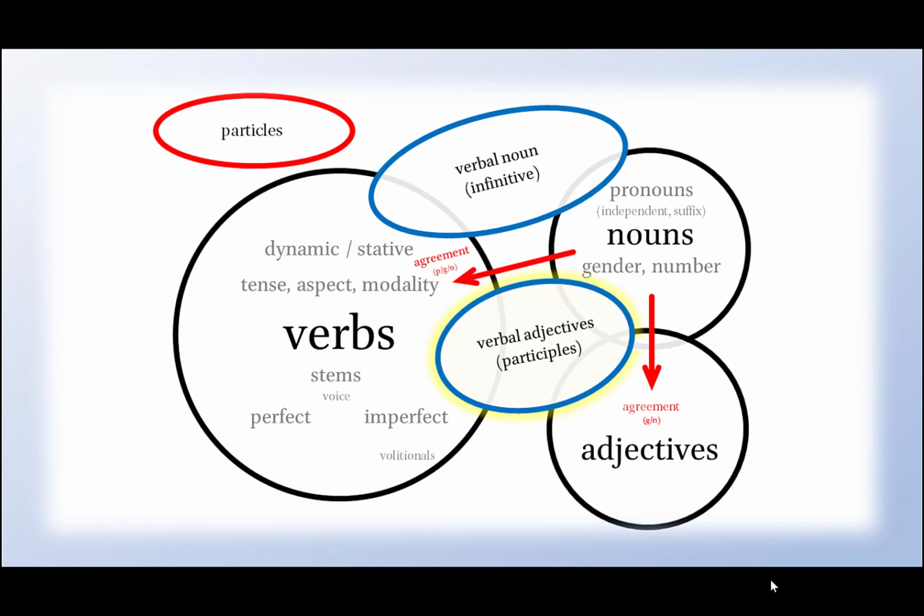And in fact, in biblical Aramaic, participles play an even greater role in the verbal system than they do in the biblical Hebrew verbal system. And finally, verbal adjectives, participles, can substitute for nouns. That is to say, to play the role of a noun, grammatically speaking, in a sentence.